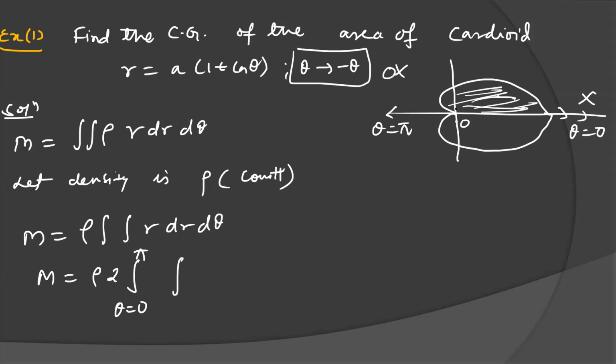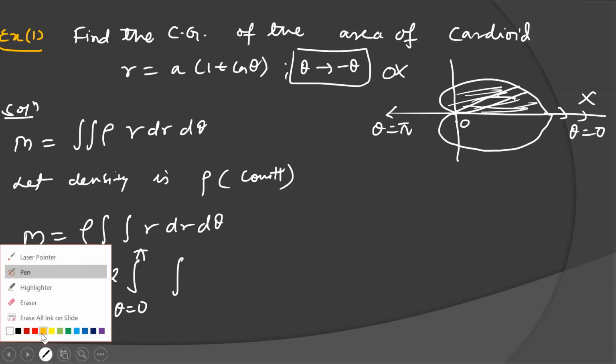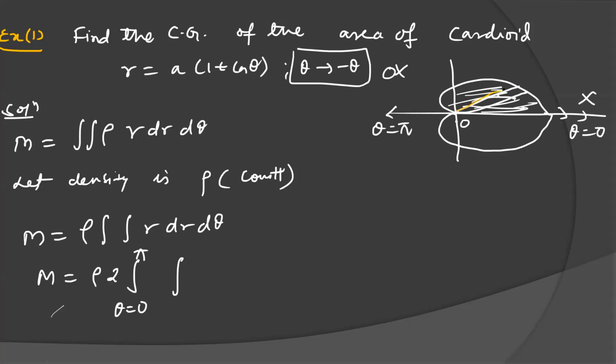What will be r actually? If you draw a region for r, I have discussed this type of problem already. r starts from the pole, r equal to 0, and goes up to the equation of the cardioid, that is a(1 plus cos theta).